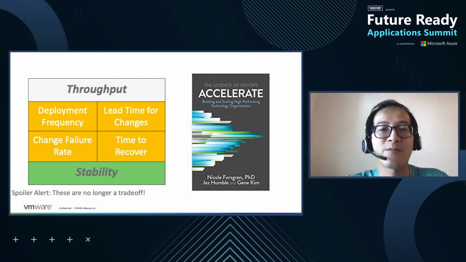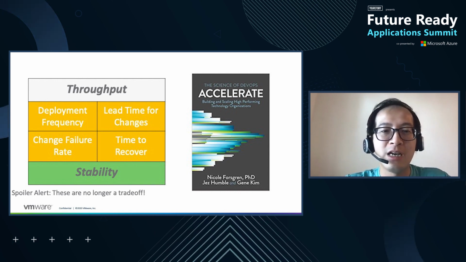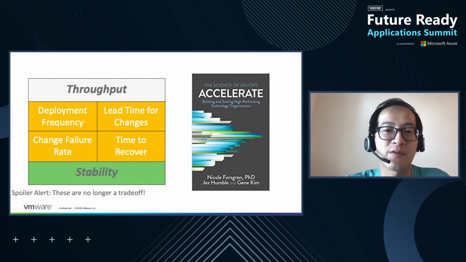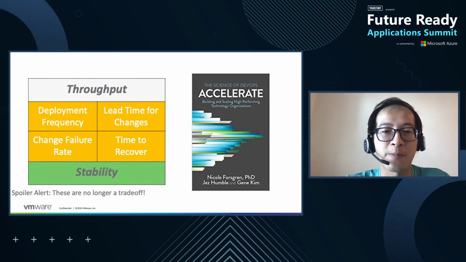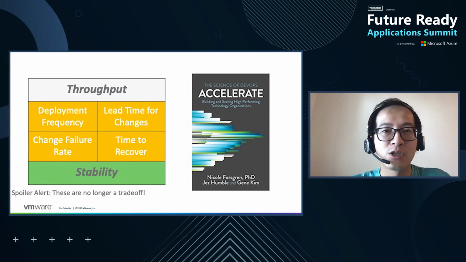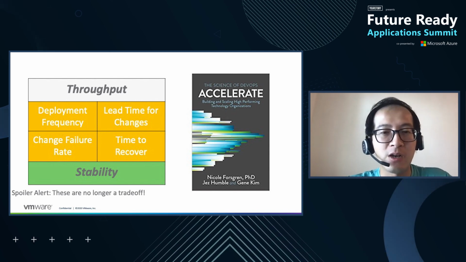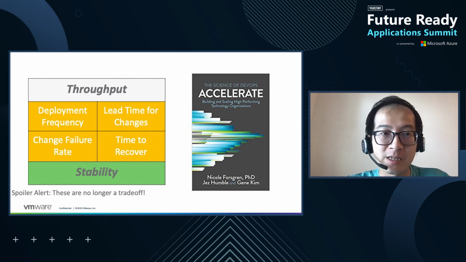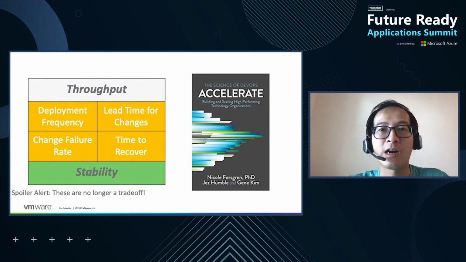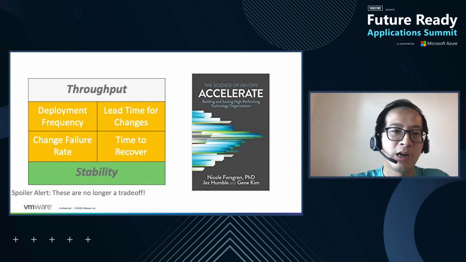Like, if I push a change to production but in reality it doesn't work, then you have a very quick time to recover. That also helps you have high stability. So that's why you can see in the slide, the spoiler alert is you can actually do high throughput and high stability if you have a cloud native architecture, cloud native apps.